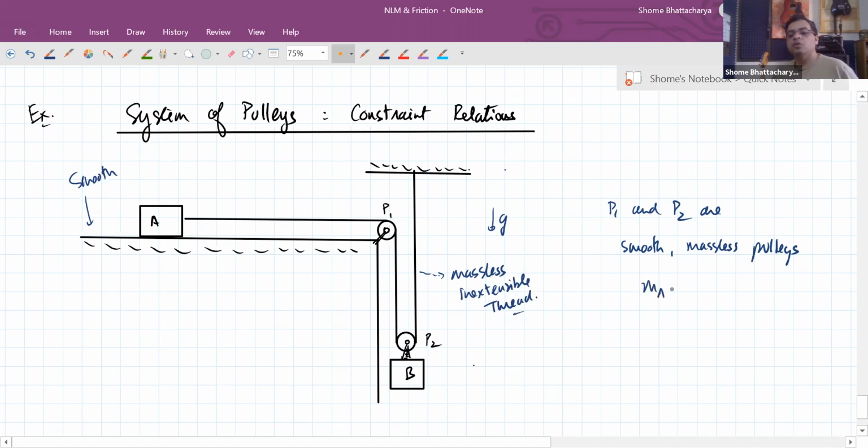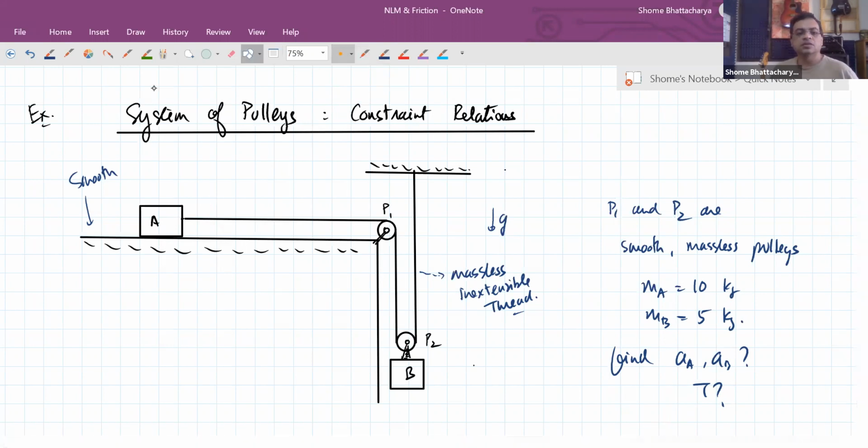And masses of blocks A and B are given to us. Suppose mass of block A is 10 kilograms, and mass of block B is 5 kilograms. Now we want to find the acceleration of block A, the acceleration of block B, and the tension in the thread. First of all, we have to understand that there is a relationship between the magnitude of A's acceleration and the magnitude of B's acceleration.